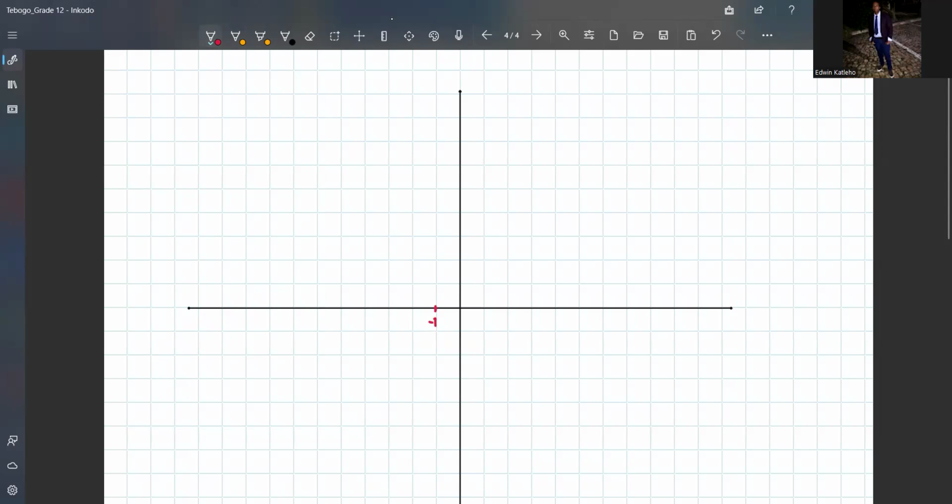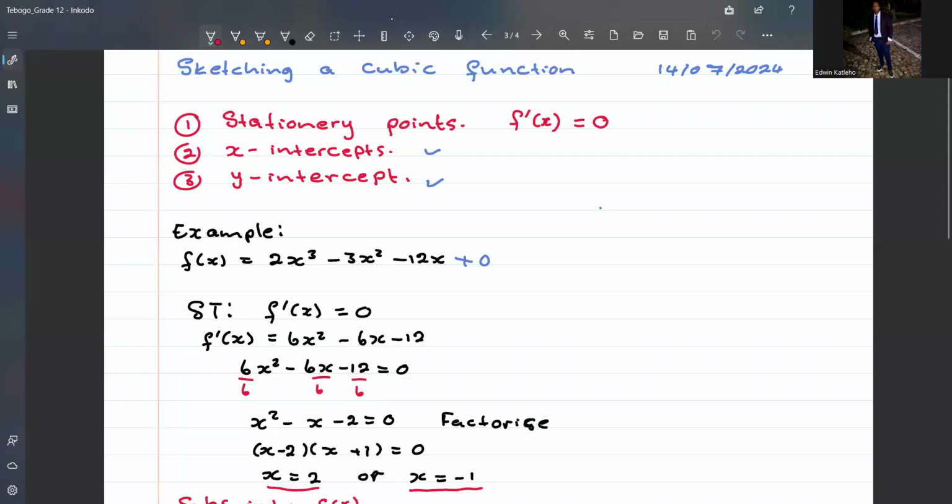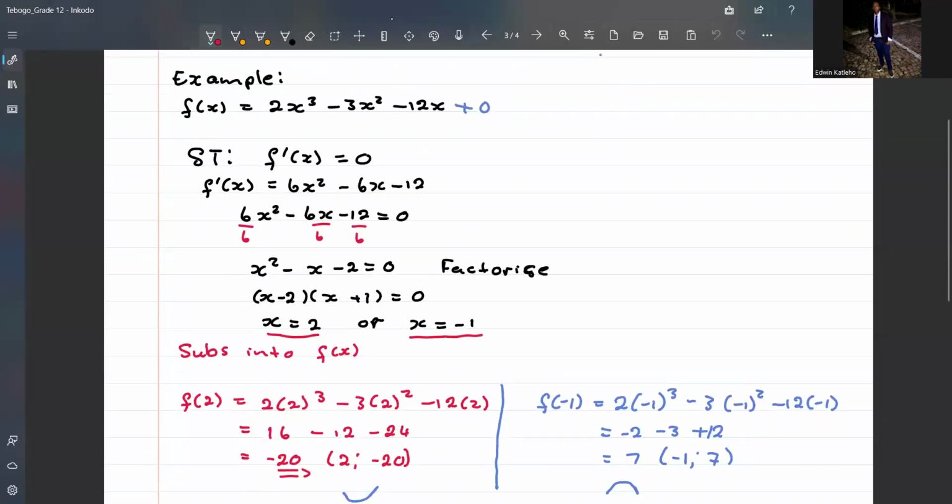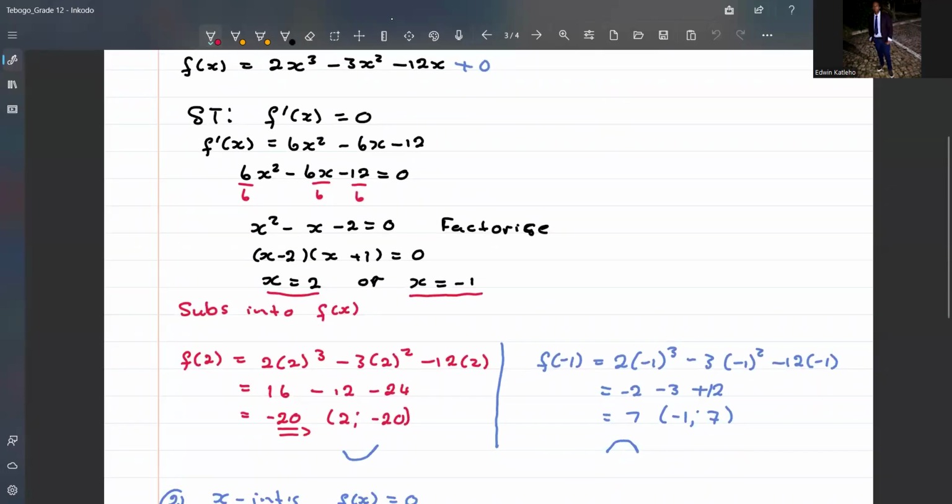I would count maybe in threes. The reason why I'm going to count my y values in threes is because I have another stationary point, which is about -20. Well, maybe let me count in two so that I can get -20.